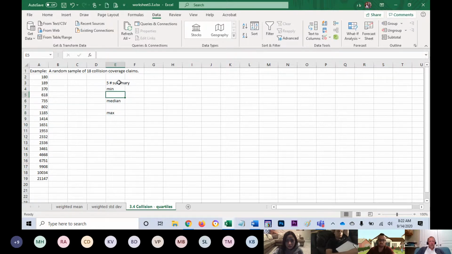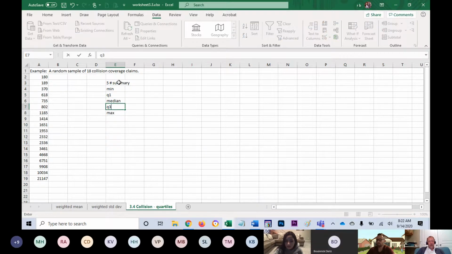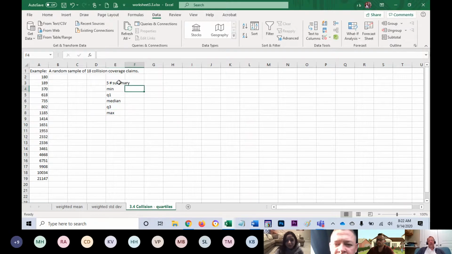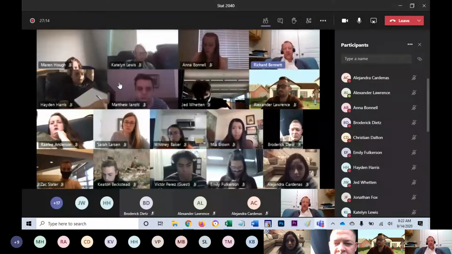I know there's the outliers if there's any on either side. Okay, so the other two, one's Q1 and the other one's Q3. We'll just abbreviate those as quartile 1 and quartile 3. Okay, well done.